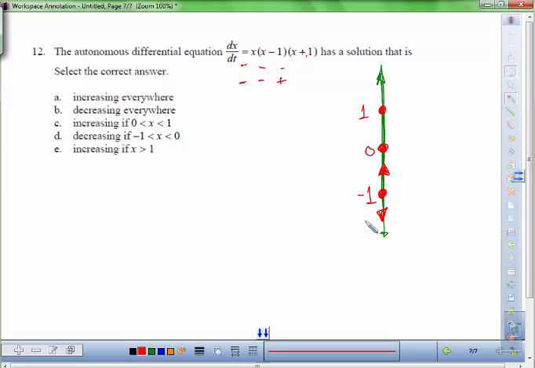So it looks like negative 1 is an unstable equilibrium. Between 0 and 1, now we're starting to look at the positive values. This would be a negative and a positive, so this is going to be decreasing.